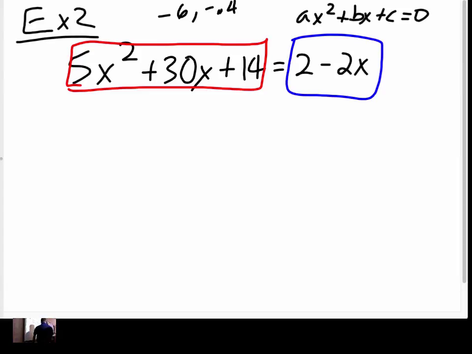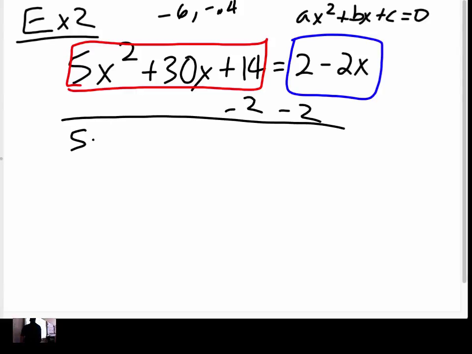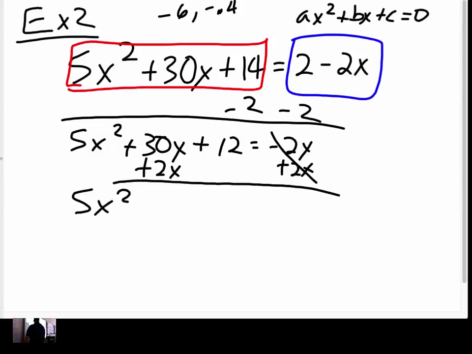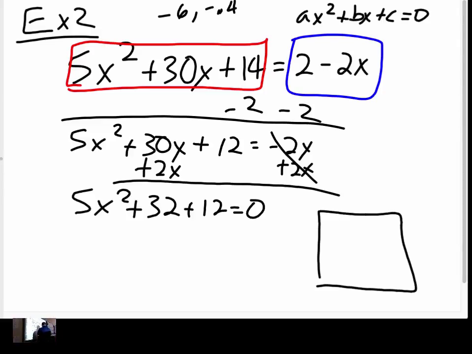So let's subtract 2 from both sides. I get 5x squared plus 30x plus 12 is equal to negative 2x. Add 2x to both sides. These cancel, and I get 5x squared plus 32x plus 12 equals 0. Gotta be careful here, 32x.